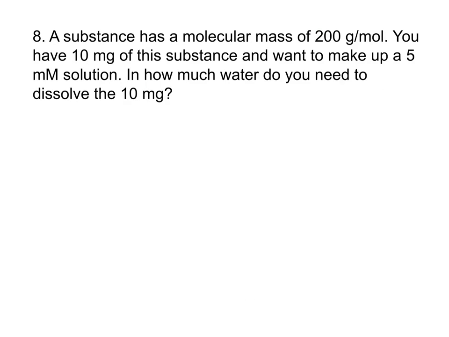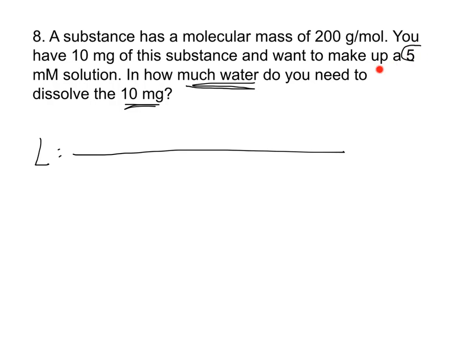In this question, we are asked to find the volume of water that we need to dissolve these 10 milligrams of the substance to give us a 5 millimolar solution. So what we are looking for is the unit of the water, so that would be liter. Now, do we have anywhere the unit liter involved?